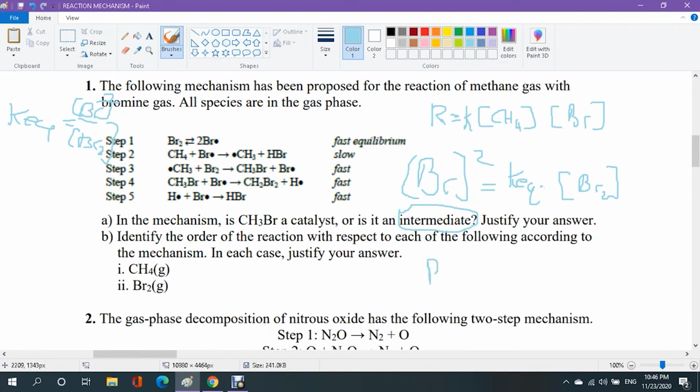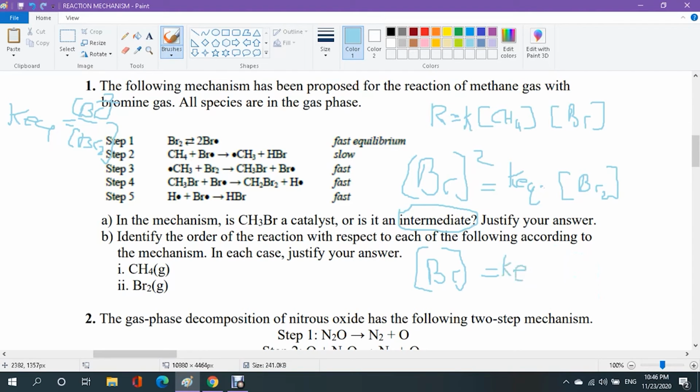So we can radical both sides, we get the concentration of Br equals radical K equilibrium times concentration of Br2. And we can also write the radical as to the power of half. So let me just take out the radical and write it to the power of half.